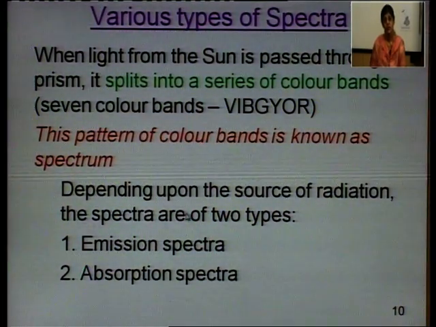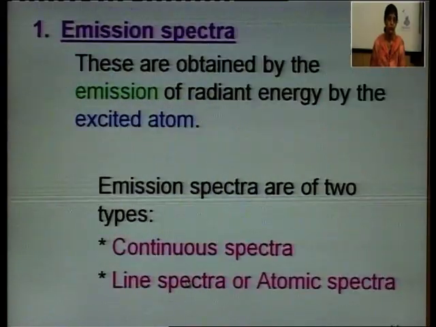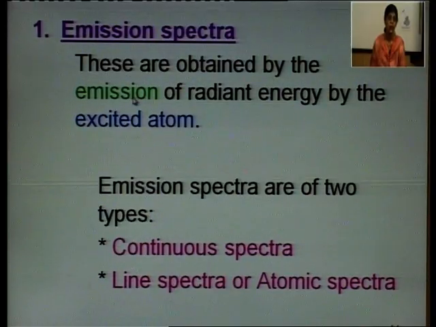And depending upon the source of radiation, the spectra are of two types, emission spectrum and absorption spectrum. Emission spectrum is obtained by the emission of radiant energy by the excited atom. When an excited atom emits radiant energy, we get emission spectra. Is it clear?